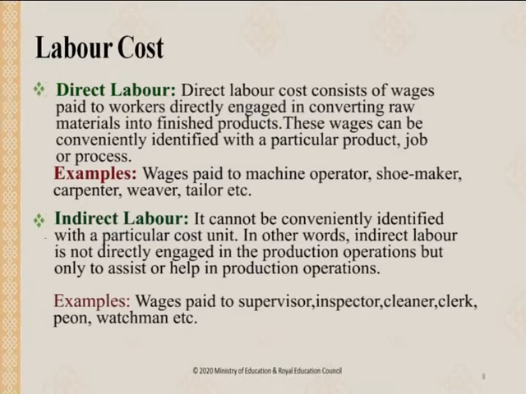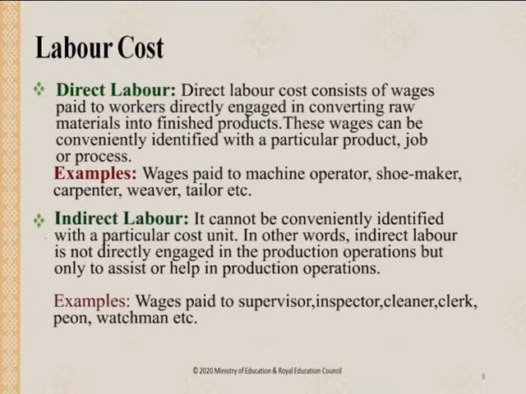So which means the labor who are directly engaged in conversion of raw materials into finished product, and who can be easily identified with a particular product, job or process, are considered as direct labor. Examples: wages paid to machine operators, shoemakers, carpenters, weavers, tailors and so on. So those are considered as direct labor, depending upon the situation.